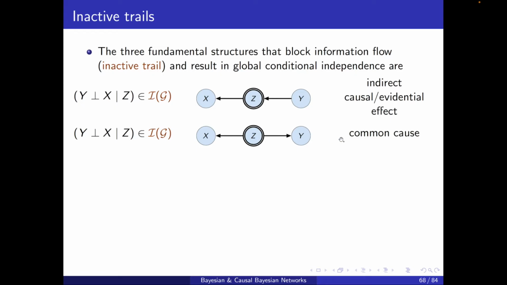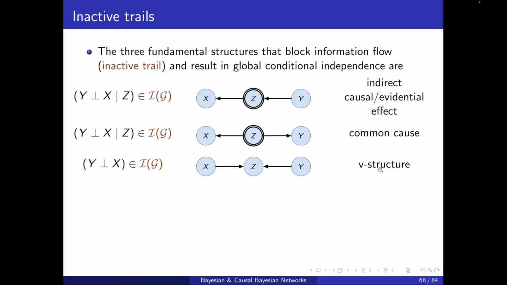The other one, and of course this can go both ways, either from x to y or y to z, y to x, if you still want to think about causality, is a common cause, meaning that z is causing both x and y. And once we know z, the two will become independent. Because this is the only thing that matters. That's how it's causing the two. Again, it's only the intuition. Mathematically, we showed these, at least the first one.